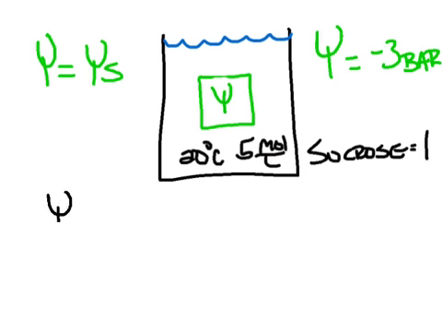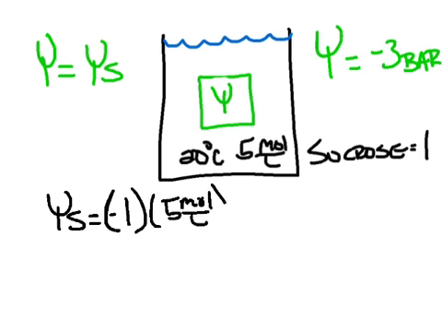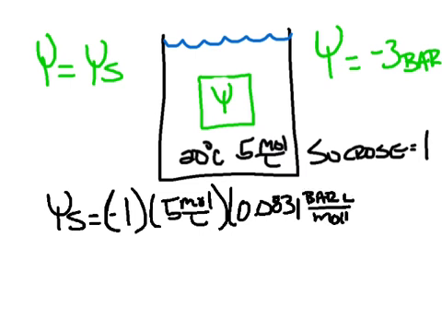Okay, so we need to figure out the solute potential, and we know that that's the negative ionization constant times CRT. So our ionization constant is 1 for sucrose, so -1, times the concentration, which is 5 moles per liter, times our R, which is 0.0831 liter bar per mole Kelvin.